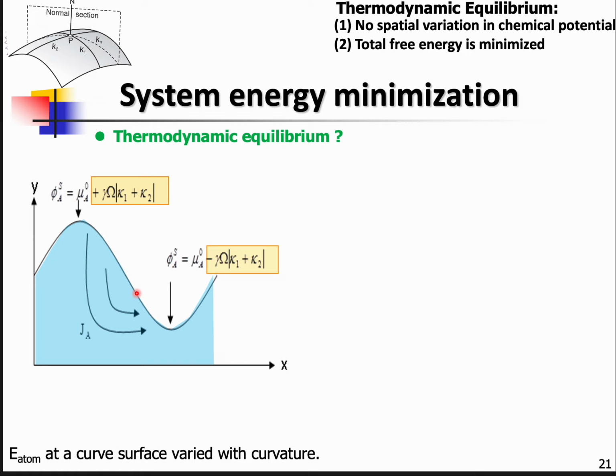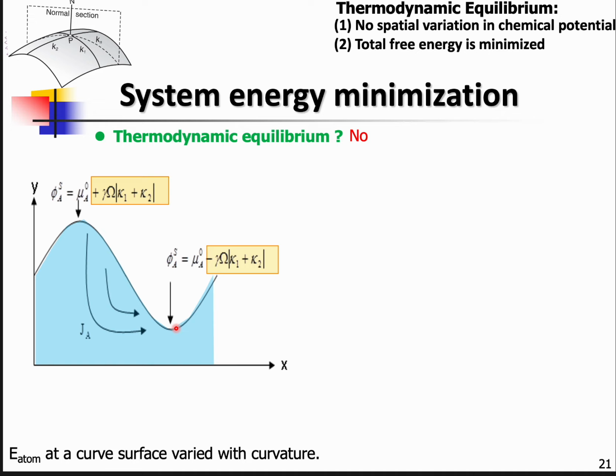So back to here, we say all the material we have here is not in a thermodynamic equilibrium state, because we observe spatial variation in surface potential. This one is definitely not the same as this one, right?